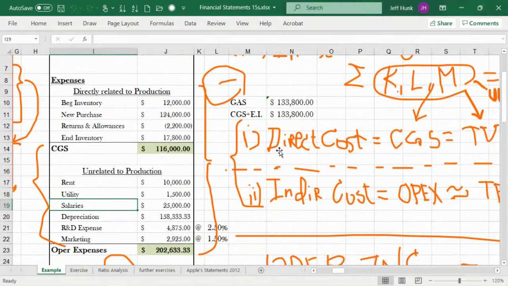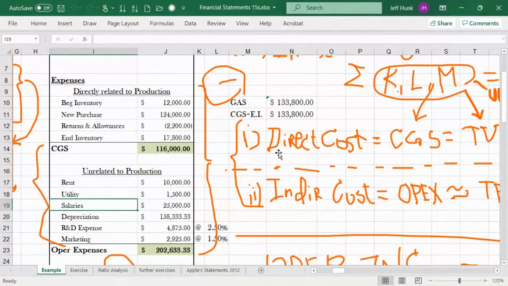The primary source of expense or cost is direct cost. And then the secondary source, secondary doesn't necessarily mean lesser in importance: indirect cost.